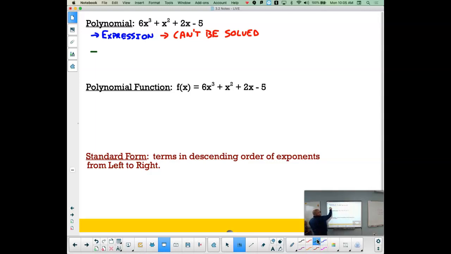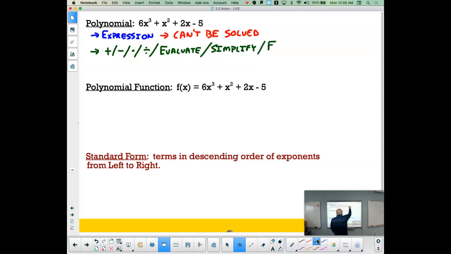So we can add, subtract, multiply, divide, evaluate, simplify, and our favorite word, factor. That's all we can do with a polynomial, because it's an expression.